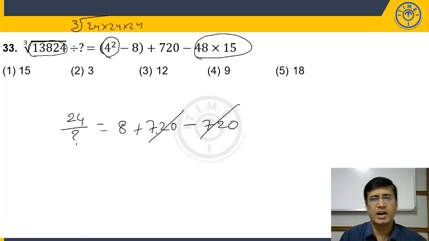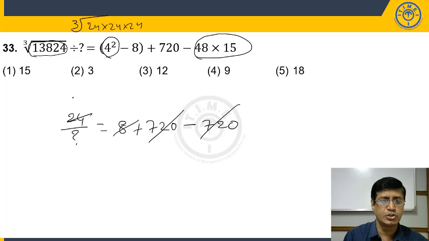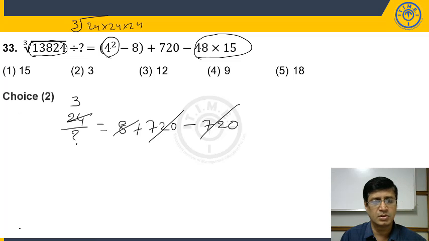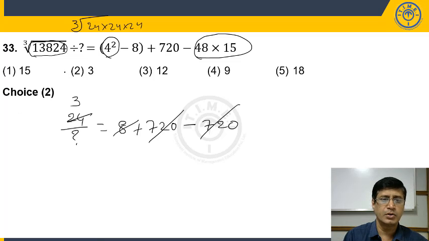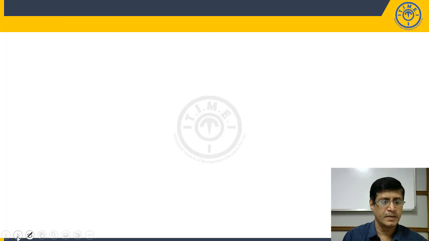So positive and negative 720 get cancelled. Remaining here is 8, and it goes exactly 3 times in 24. The value of question mark is 3, option number 2. Second choice is the right answer.